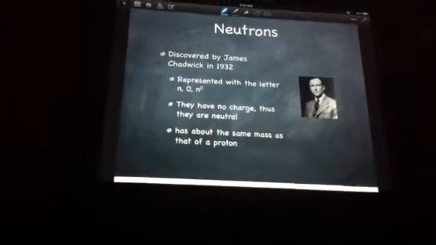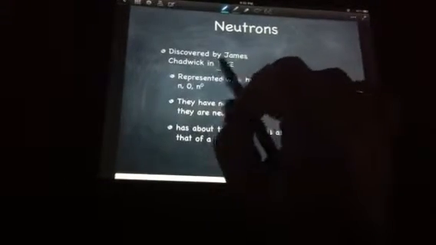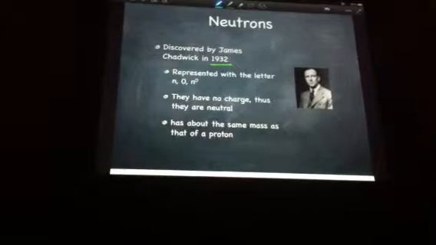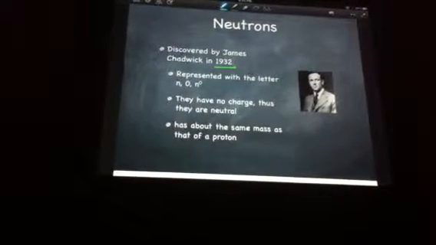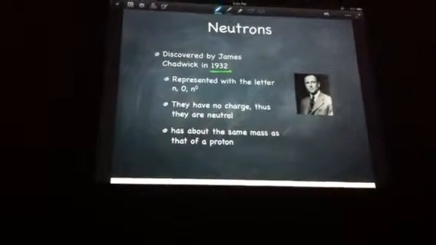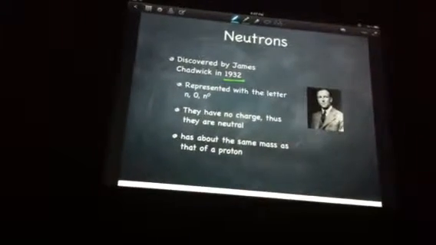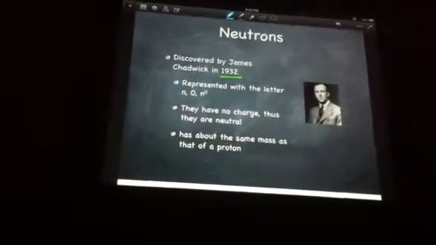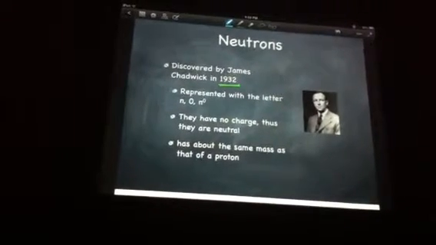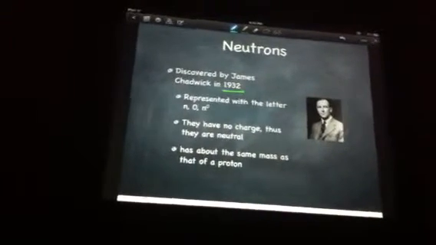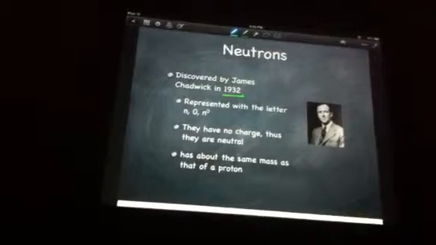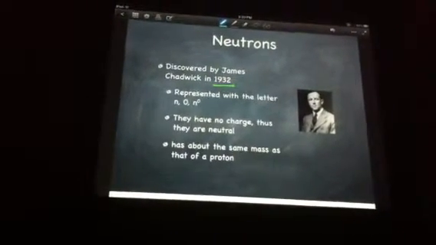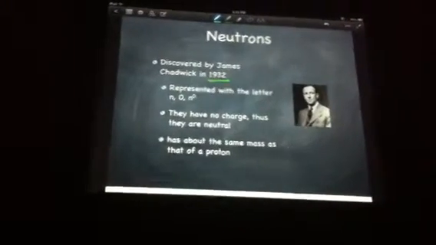Neutrons, discovered by James Chadwick. You'll notice that this was discovered in 1932. The proton was discovered in 1919. So there's a long time frame between the two, and of course, it makes sense that it's discovered last because it's neutral. The whole idea is that they knew there was something more massive in there. They couldn't explain it, and so they weren't satisfied that they had everything there.